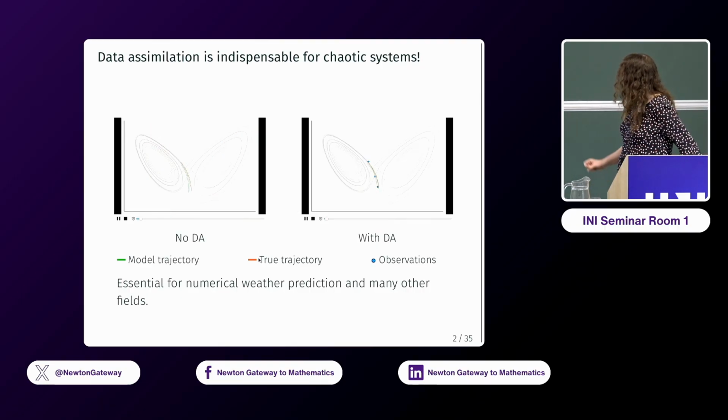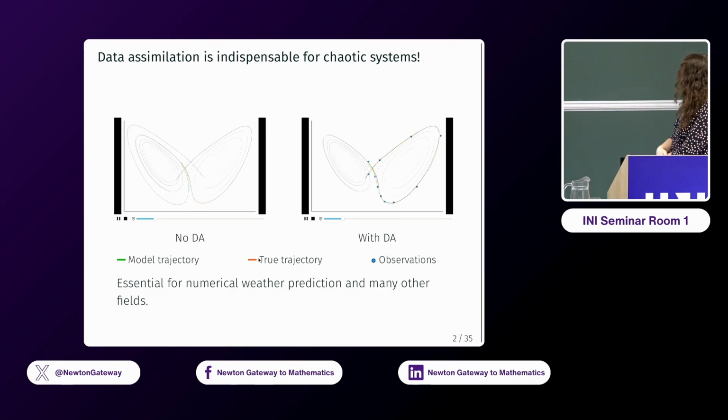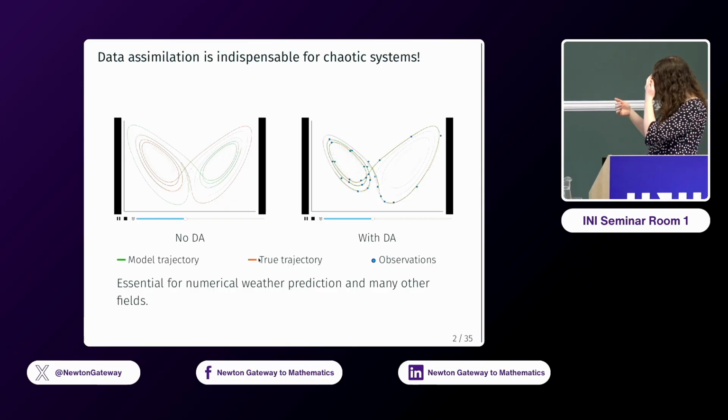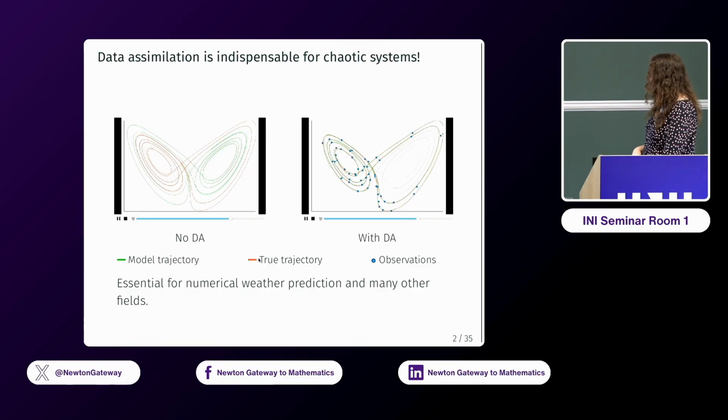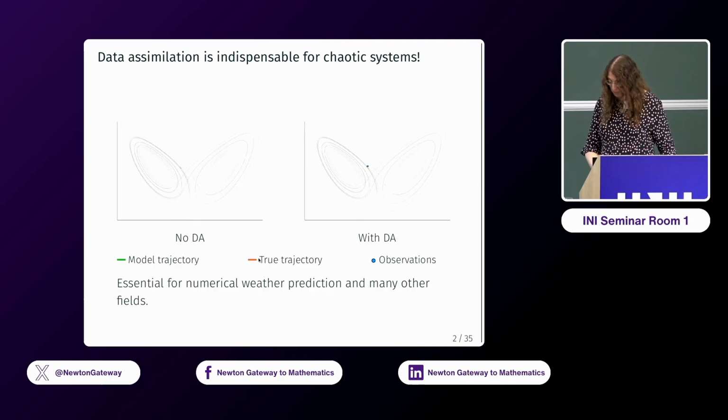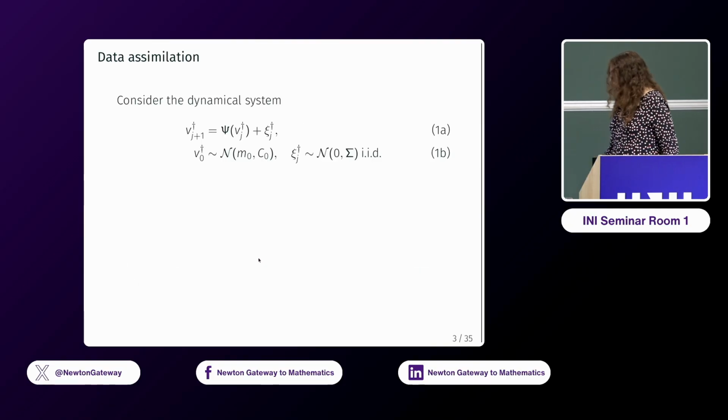Whereas with data assimilation, I'm showing here in the blue, I'm assimilating observations into the model trajectory, and now you can see that they stay close together. The model trajectory stays close to the true trajectory. So this is really essential for numerical weather prediction. This is done in all operational centers, and it's also important in many other fields.